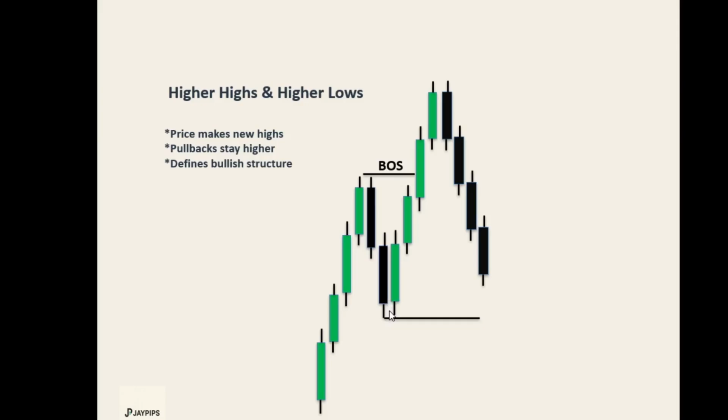And then if it prints this higher low, and then pushes to the upside to break a structure, which is a break of structure, that is why I gave this abbreviation. BOS stands for break of structure.